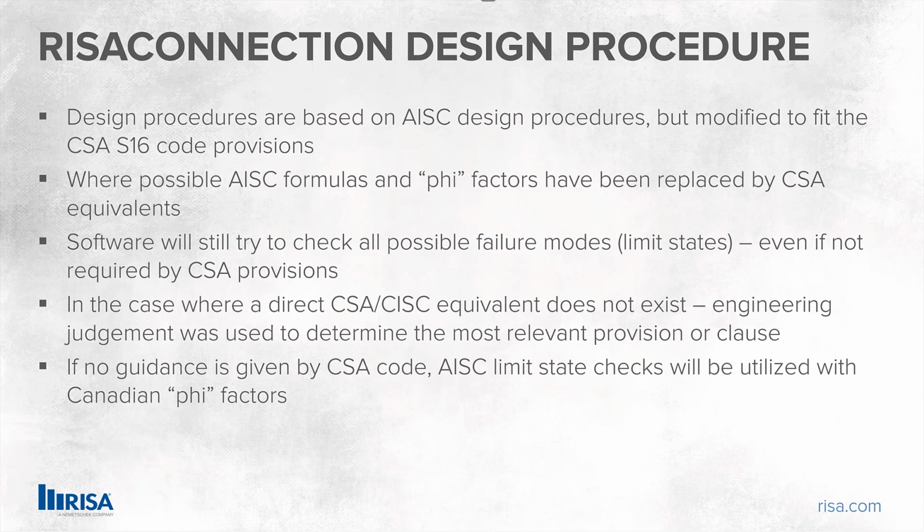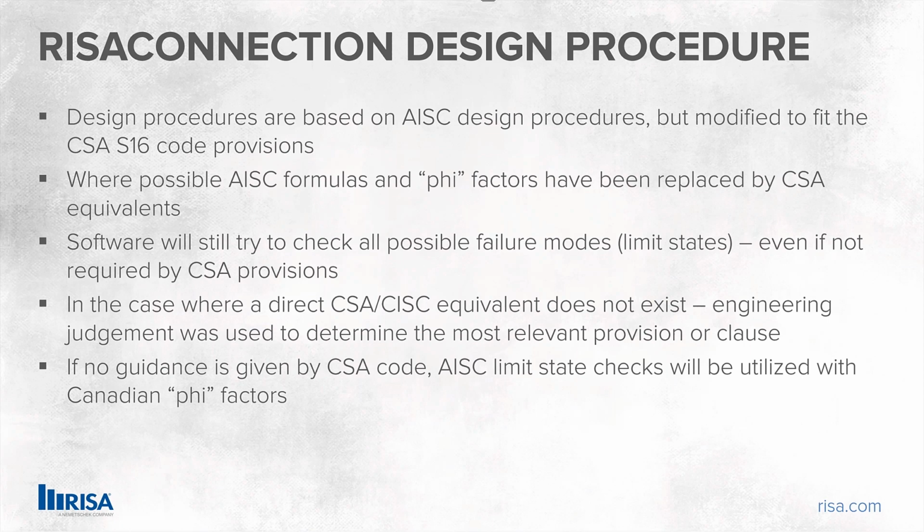Now, in the case where there isn't a direct CSA equivalent, when the AISC code is specifying something that we're used to doing, what we've done in our development is use engineering judgment to determine the most relevant provision or clause from CSA to do those designs.